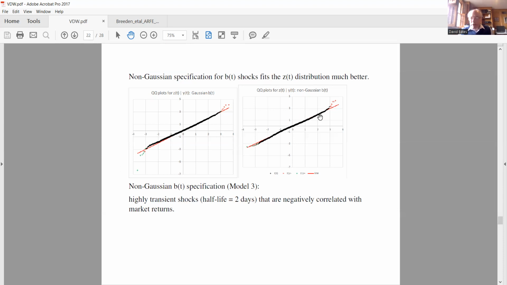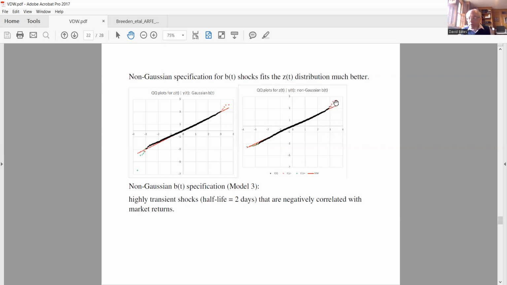So this non-Gaussian specification is working pretty well, but you can see there are major outliers on the upside. So these are VIX jumps that are not explained by the model when taking into account the observed stock market return on that day. I've also color-coded these for values in excess of plus or minus 3.